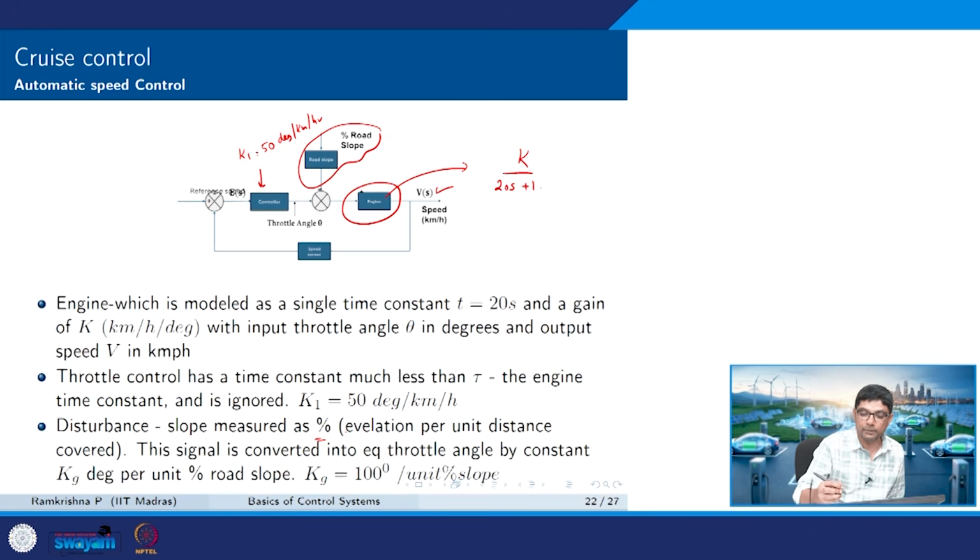So, I have some number kg sitting at 100 degrees per unit percentage slope, because here I have the theta, right. This also should convert that disturbance to some angle theta, just for consistency of units or signals over there. I can't add some signal to some other signal and make physical meaning out of it.